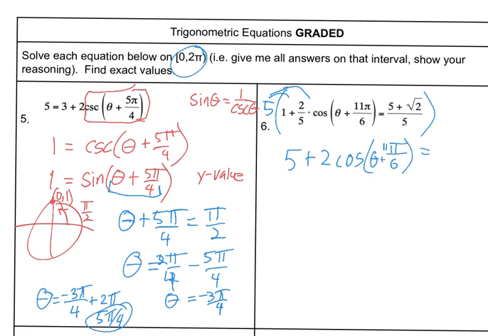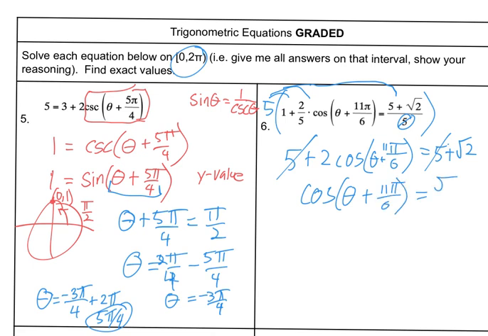And on the other side, that cancels out the 5 there, so we've got 5 plus root 2. Got a 5 on both sides. We could divide both sides by 2, and we get cosine of theta plus 11 pi over 6 is equal to root 2 over 2.